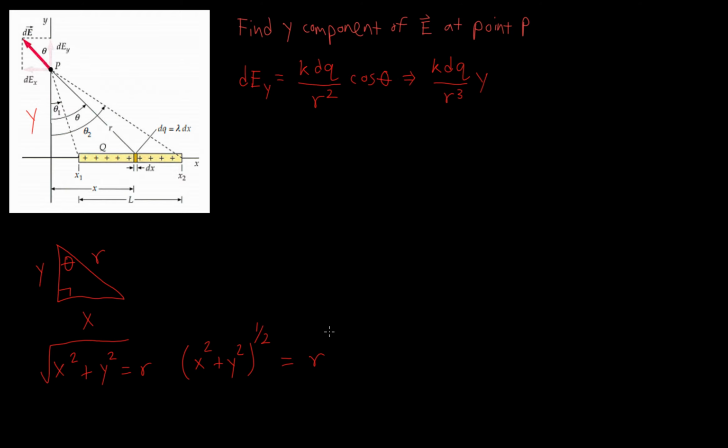But we want to cube that. So if we cube that, or raise it to the 3rd power, we would just have to raise this entire side to the 3rd power, and that would just multiply this exponent right here, the 1/2, by 3. And so 3 times 1/2 is just 3/2.